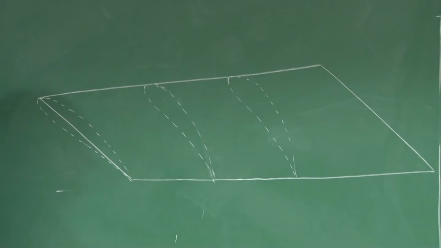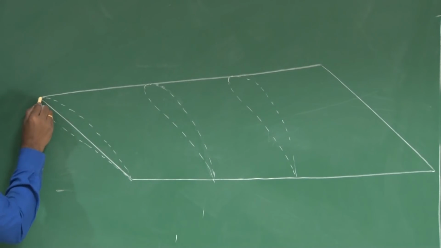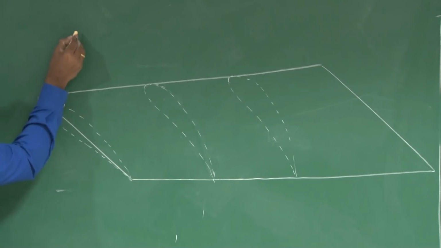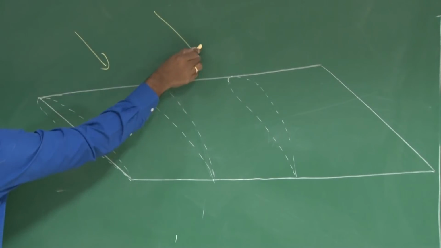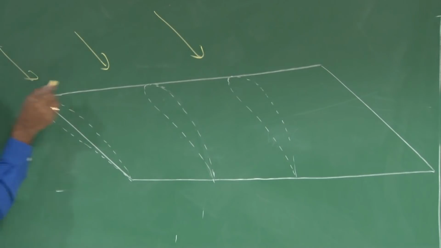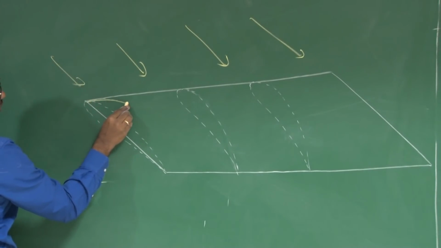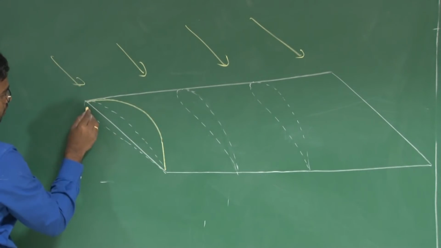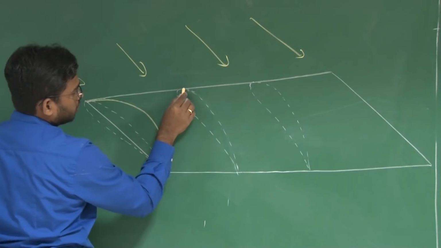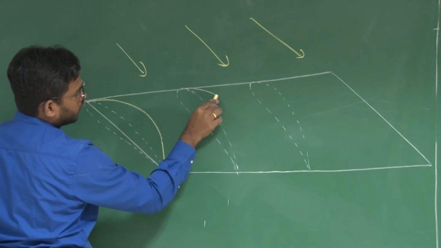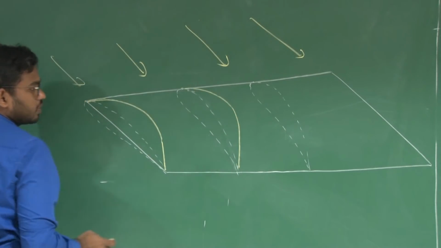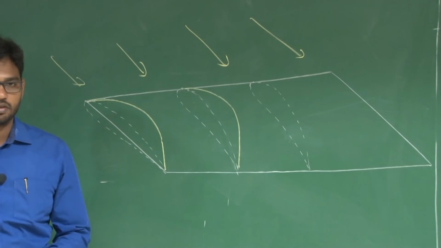Now we witnessed earlier that there will be a pressure distribution on an aerofoil. What will be the pressure distribution here when there is flow? You have a pressure distribution here, and on this wing again you will have a similar pressure distribution because the chord is not changed.